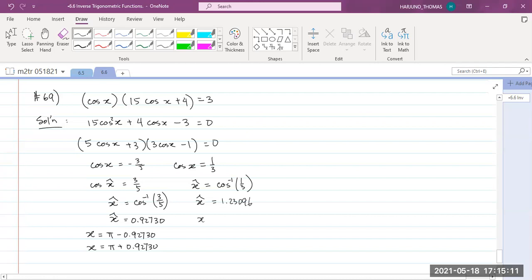Then in quadrant 1, that will be the same answer, because cosine is positive in quadrant 1 and quadrant 4. That's one of the answers, quadrant 1. And the one in quadrant 4 will be 2 pi minus that angle. Of course, then you use a calculator to compute them.